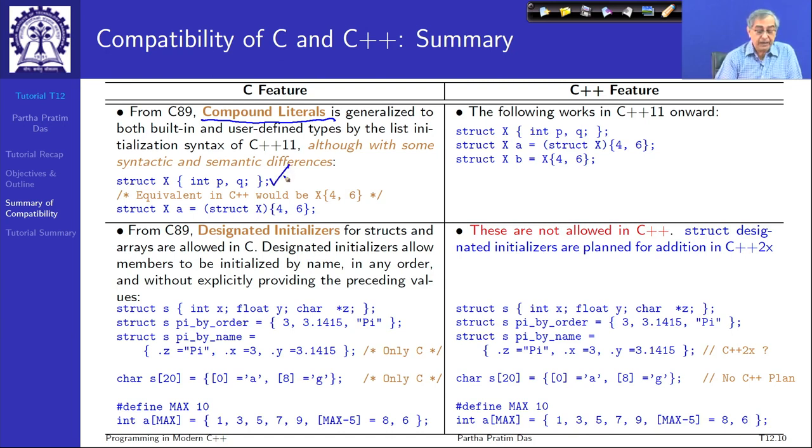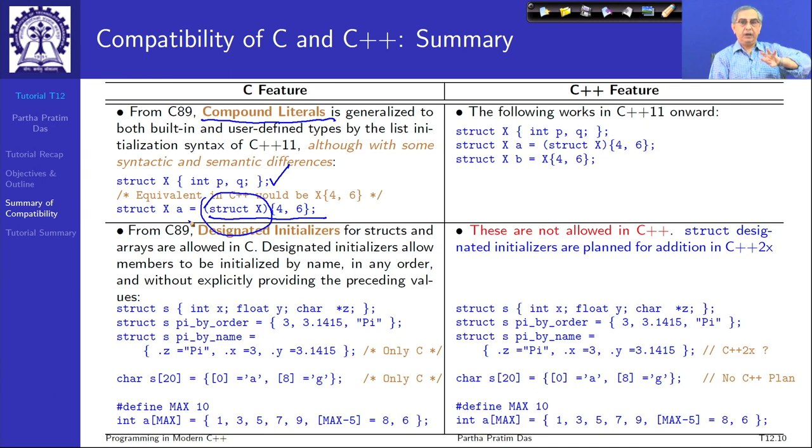If I have a structure like this and I want to initialize it as 4, 6, because there are 2 components, this pair is also a literal, a compound literal, and I cast that to struct x to say that now it becomes a structure.